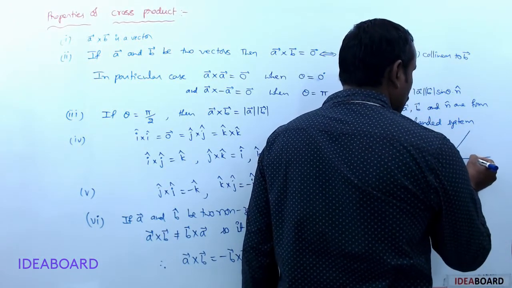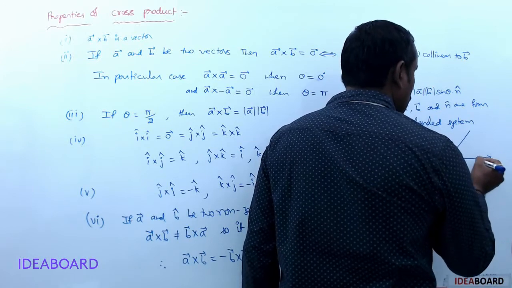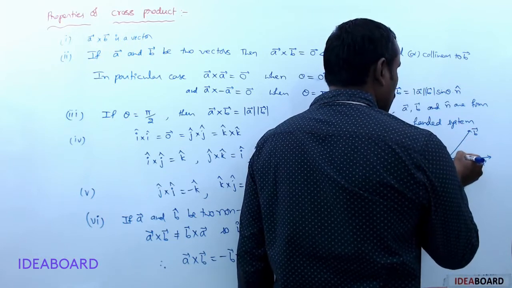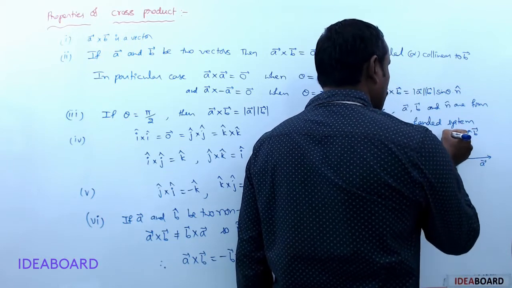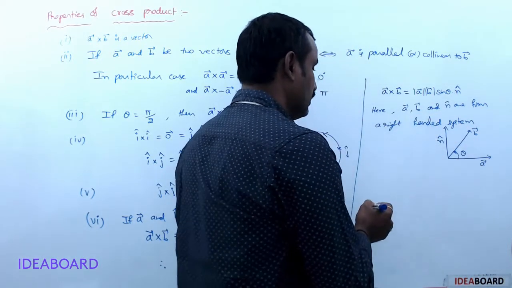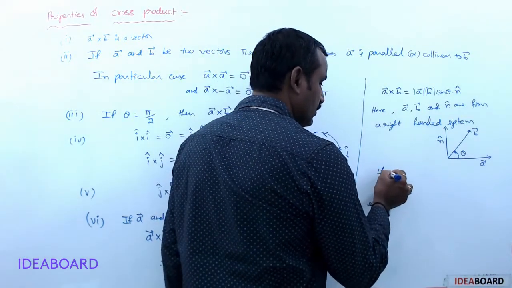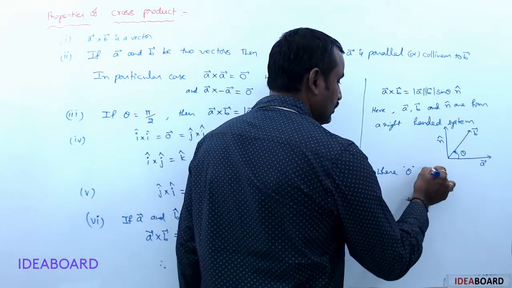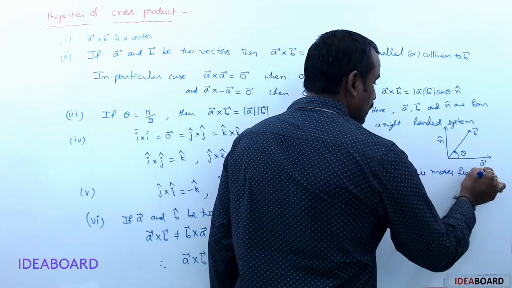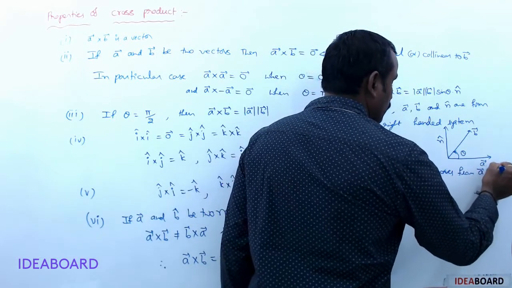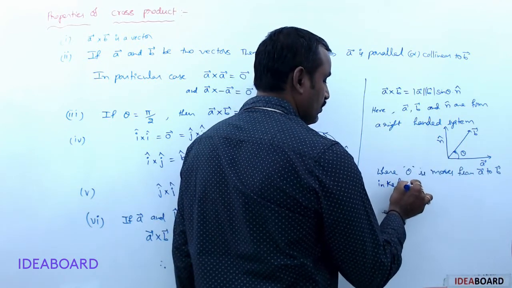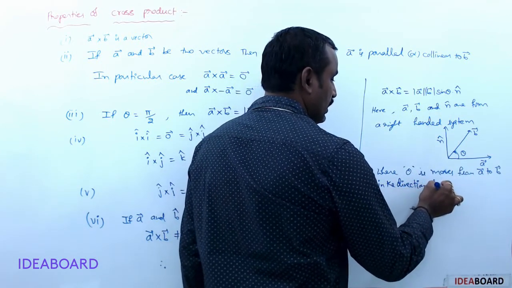Here, this is A bar, this is B bar. Theta moves from A bar to B bar in the direction of n cap.